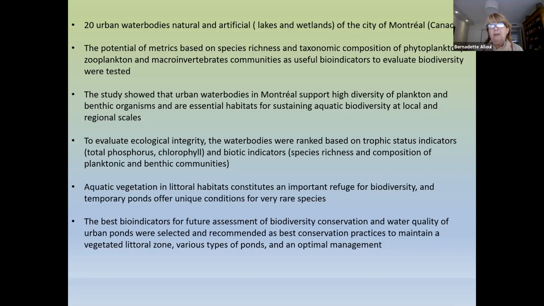The phosphorus levels range from less than 15 to around 200 micrograms per liter of total chlorophyll, so there is a range of oligotrophic, mesotrophic, and eutrophic systems. Thank you.